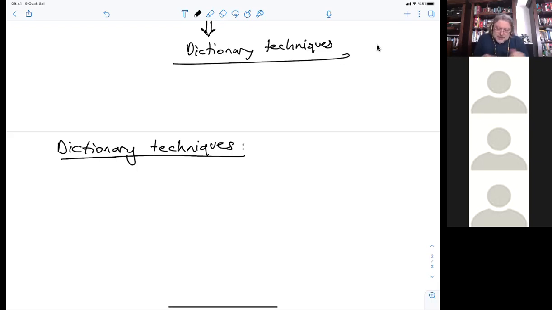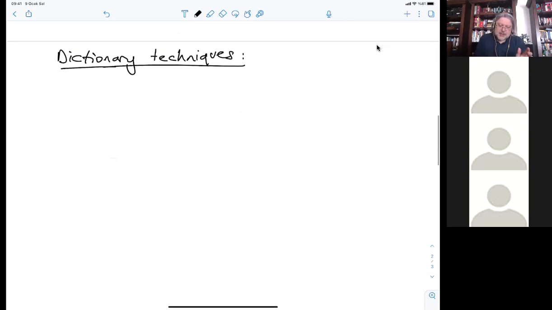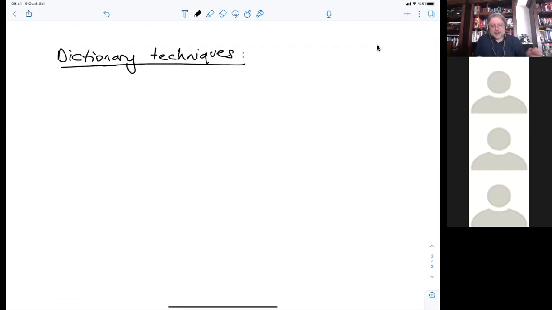The reason that the general class of techniques is proposed as dictionary techniques is because you keep a code book, a kind of a dictionary, at one side of the encoding. So you're encoding your source, and meanwhile, during the encoding, you generate a dictionary and you use it for encoding purposes.